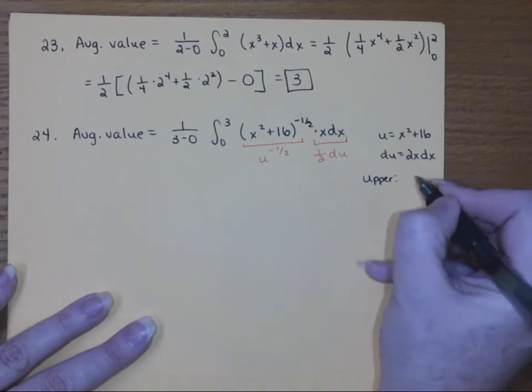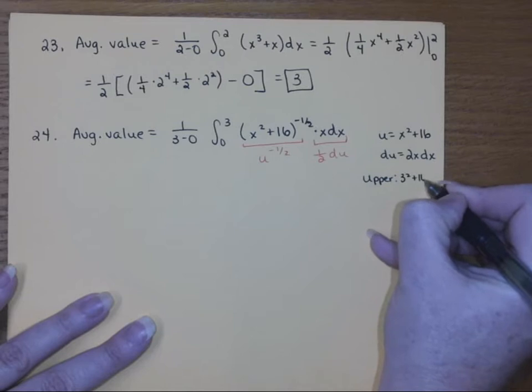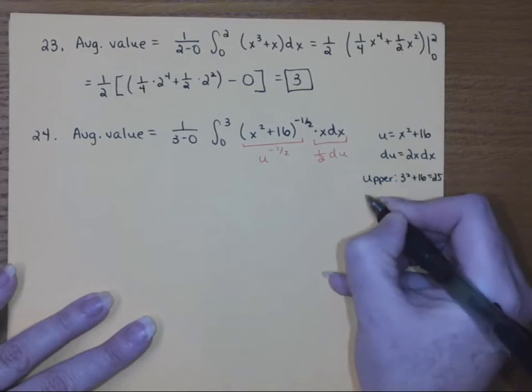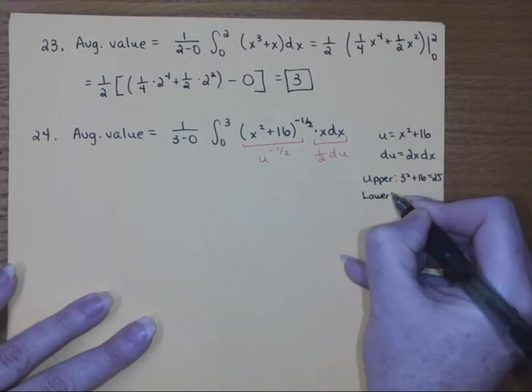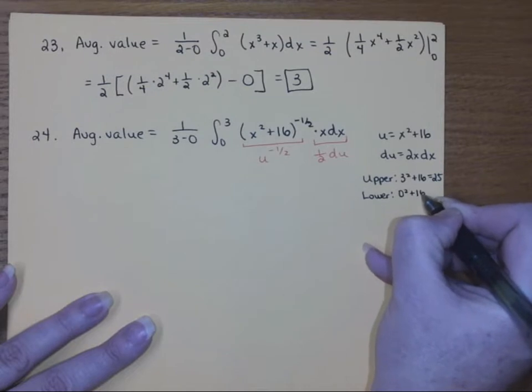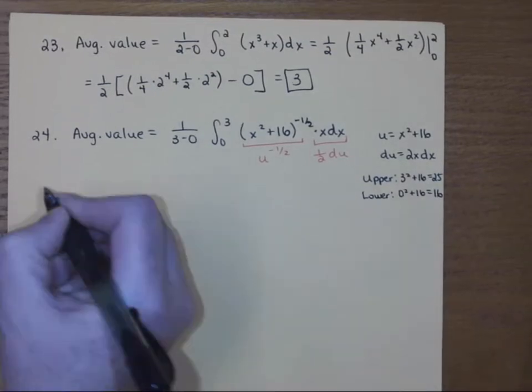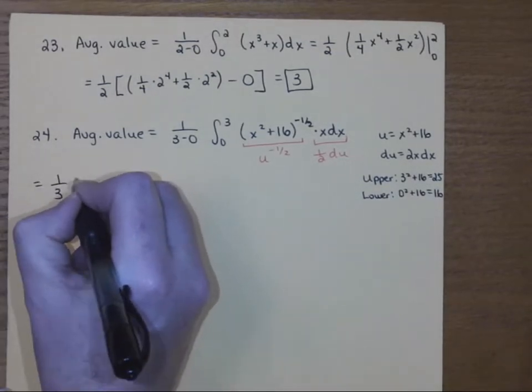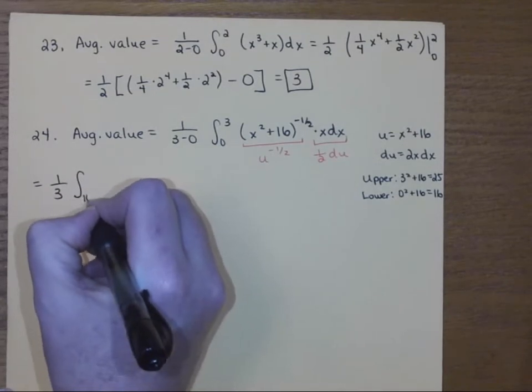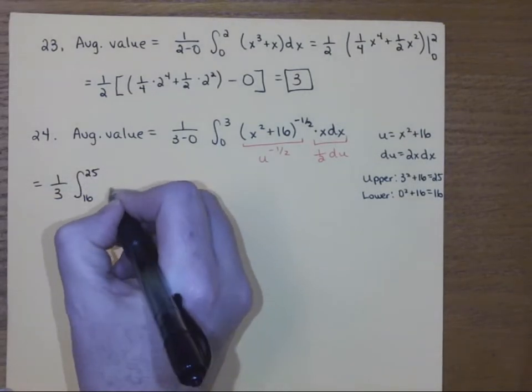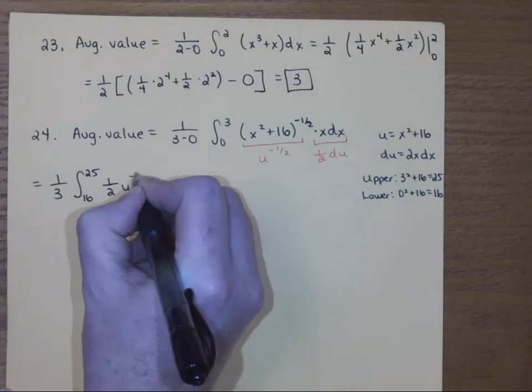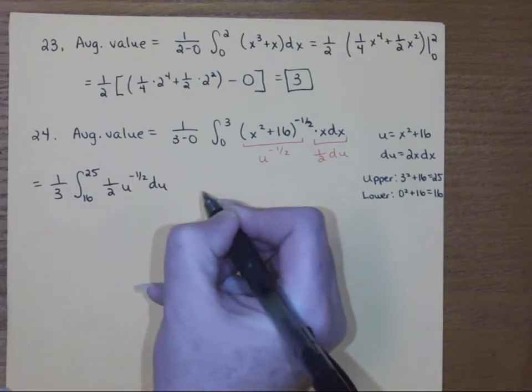So the new upper limit would be 3 squared plus 16, or 25. The new lower limit would be 0 squared plus 16, or 16. So here's what you have. 1/3 times the integral from 16 to 25 of 1/2 u to the negative 1/2 du.